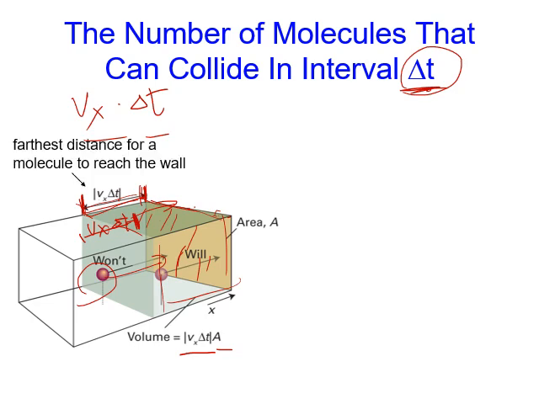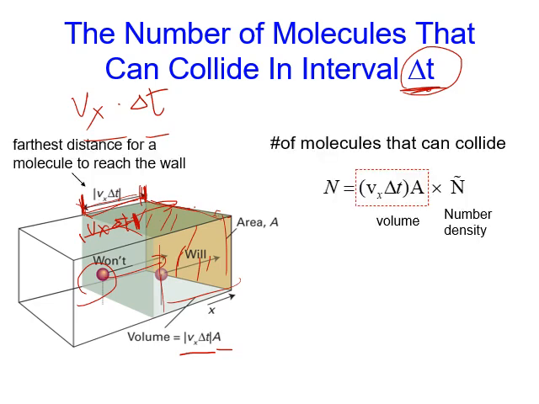So how many molecules? The volume, which is vx delta t times area, times the number density, which is the number of molecules per cubic centimeter, gives you the number of molecules that have a chance to collide with the wall in the time delta t.